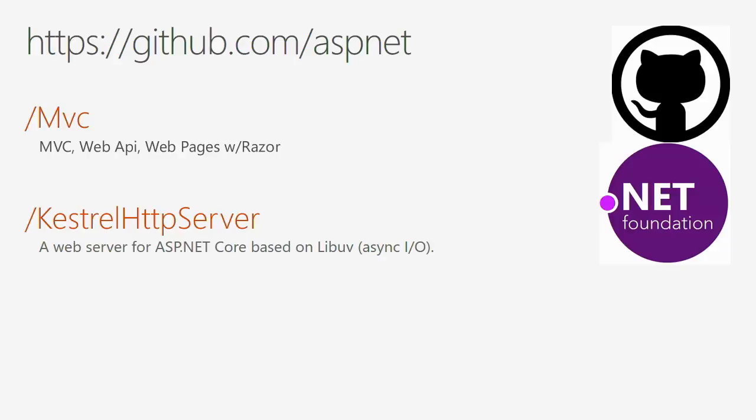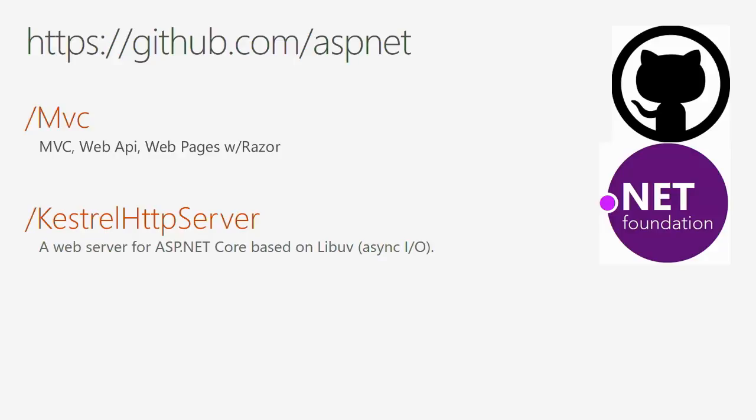The other one, Kestrel HTTP Server, is the code for a lightweight web server called Kestrel, which is one of the ways that they have decided to optimize performance with ASP.NET Core.